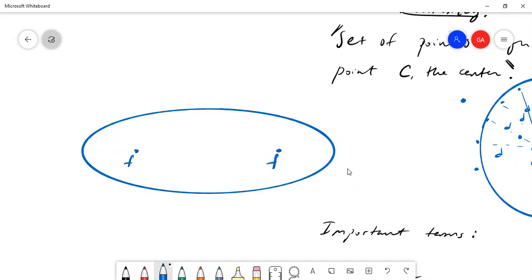The definition of an ellipse is the set of points such that the sum of the distances from each of the two foci is the same. So if this is A and this is B, A plus B is the same as here where you have A and B. That's the definition of an ellipse.